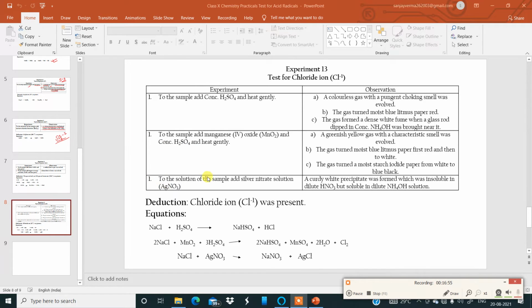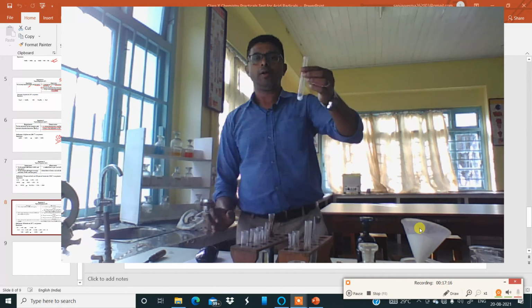We get a curdy white precipitate, which is insoluble in dilute nitric acid, but soluble in dilute ammonium hydroxide solution.